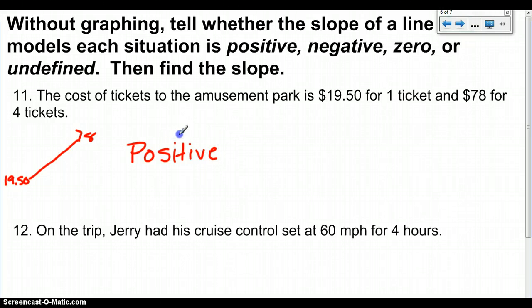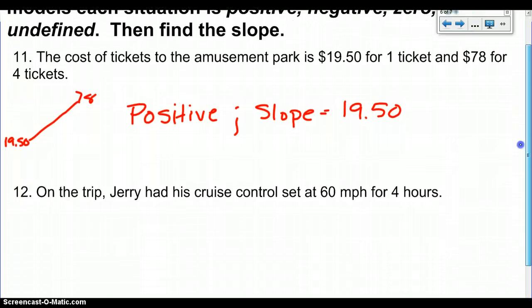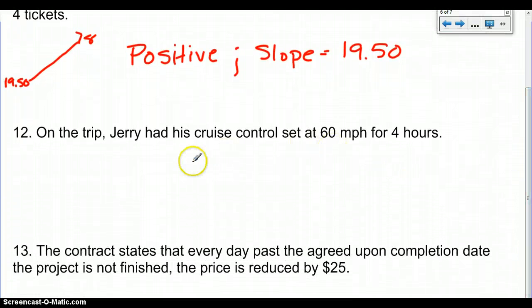And then our slope, for every ticket you buy, you're going to go up $19.50 every time. We're going to add 19.50 every time. So our slope is equal to 19.50. Hopefully that made sense. Let's keep going and do number 12.